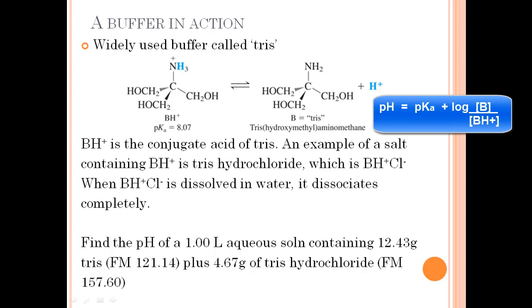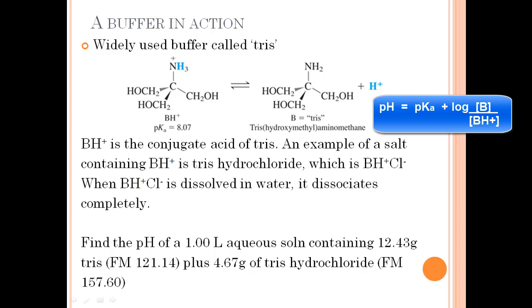So pH is equal to the pKa, and since I know that tris is a weak base, I'm going to go ahead and do the weak base HH equation. So pKa plus the log of products, which is the weak base, over the weak acid conjugate, BH plus.